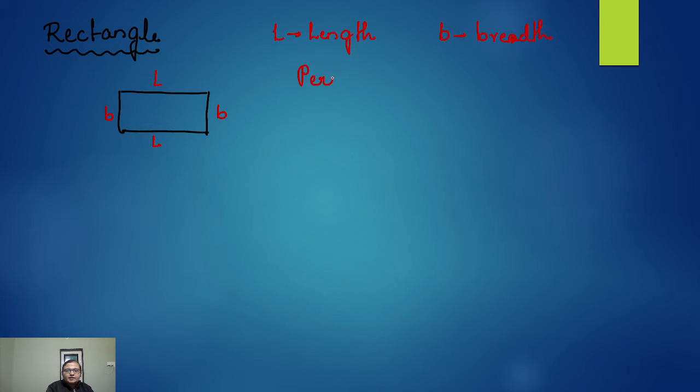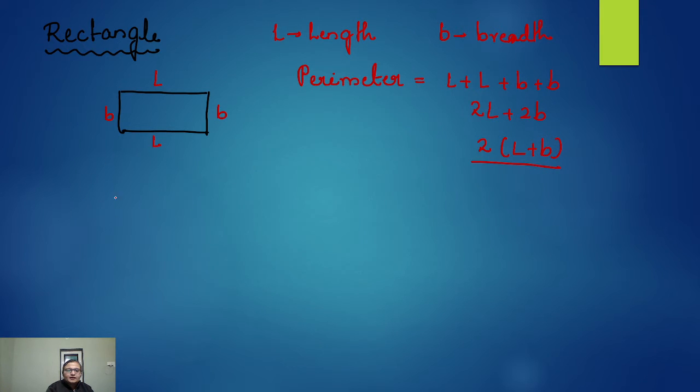So for the perimeter you have to add all the four sides: L plus L, B plus B, that is 2 length plus 2 breadth. So we have the formula 2 times length plus breadth.